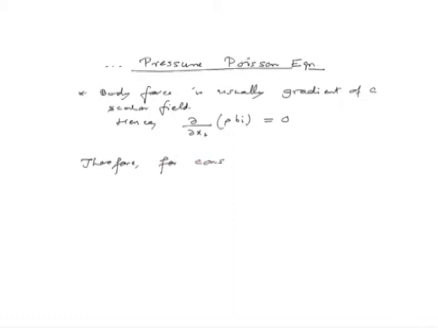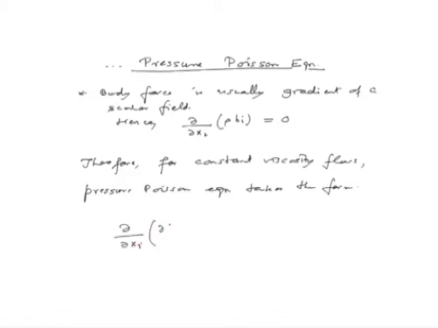So, therefore, for constant viscosity flows, that is to say, if we are dealing with homogeneous, isotropic and isothermal flows, our pressure Poisson equation takes a very simple form: del over del xi of del p over del xi is equal to minus del over del xi of del rho vi vj over del xj.